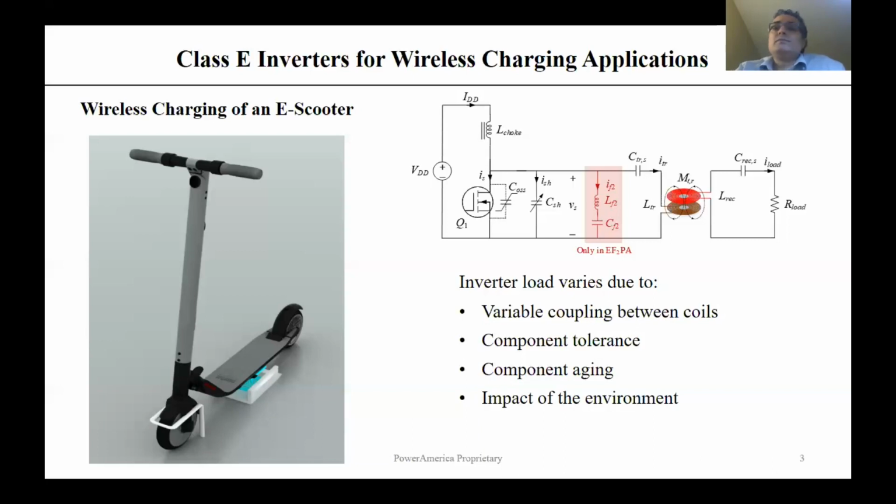As a conclusion, instead of a single resistive load, as it was designed for, a Class C inverter must cope with a range of loads that has both resistive and reactive components.